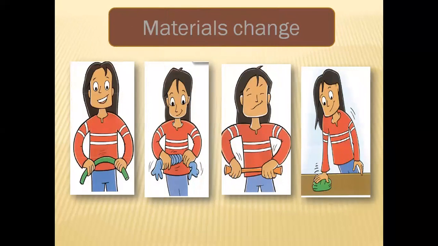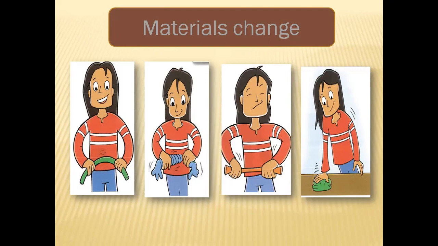We have learned that materials change. They change their shape and their properties. Those that are not very strong, we can bend them and twist them. If they have elasticity, we can stretch them and squash them. For doing this, we are changing the shape of the material.